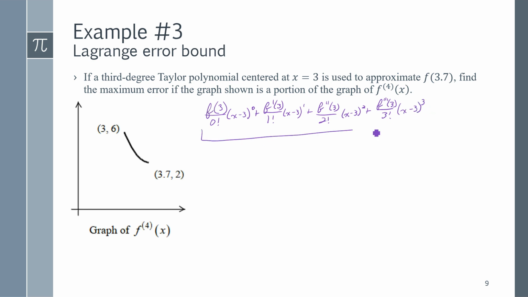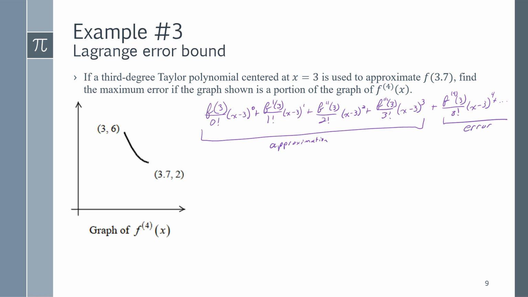And here is my approximation. But then my error is based off of using the next term, my fourth derivative of 3 over 4 factorial times x minus 3 to the fourth, and so on for an infinite amount.